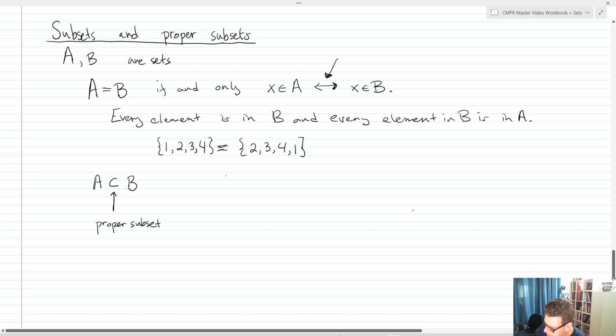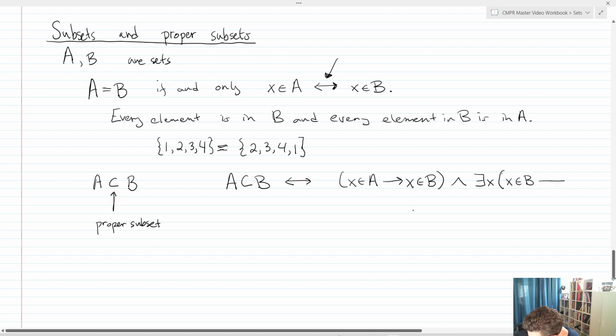And what we're going to say is that A is a proper subset of B if and only if x belongs to A implies x belongs to B, and there exists an x such that x belongs to B implies x does not belong to A. So we have at least one x in B that's not also in A.